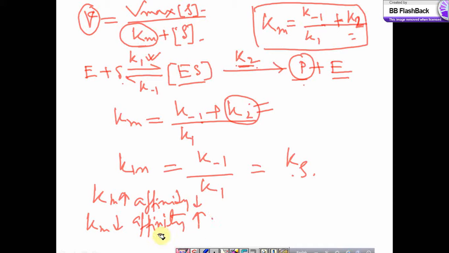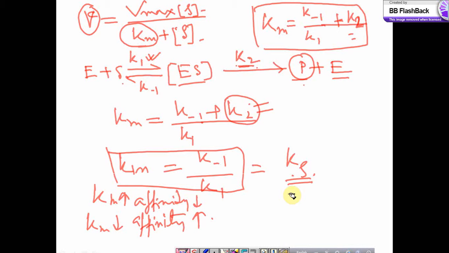So there is an inverse proportional relationship. Why is it so? From this you can understand that where this k2 value is very small, you can ignore this k2, and Km can be written this way; it is as good as the dissociation constant.